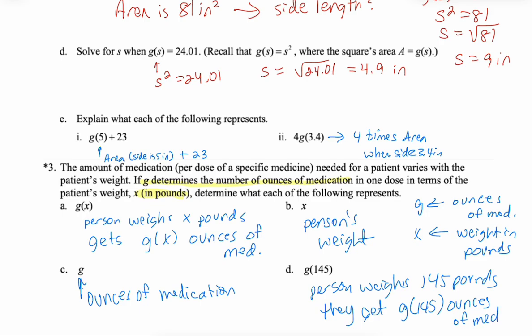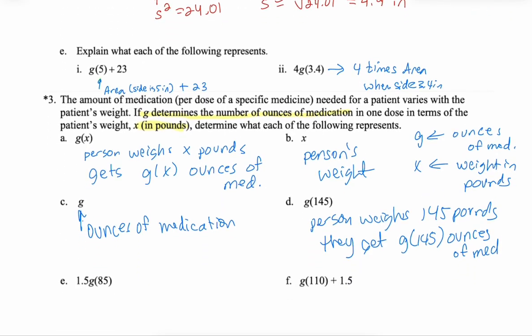Now, they didn't give us an actual formula for G. So at this time, we don't have enough information to go further than that. We're just saying, okay, what does it represent? It means that a person of 145 pounds should get G of 145 ounces of med. What that is, I don't know. Until they give us a formula, we don't know that.